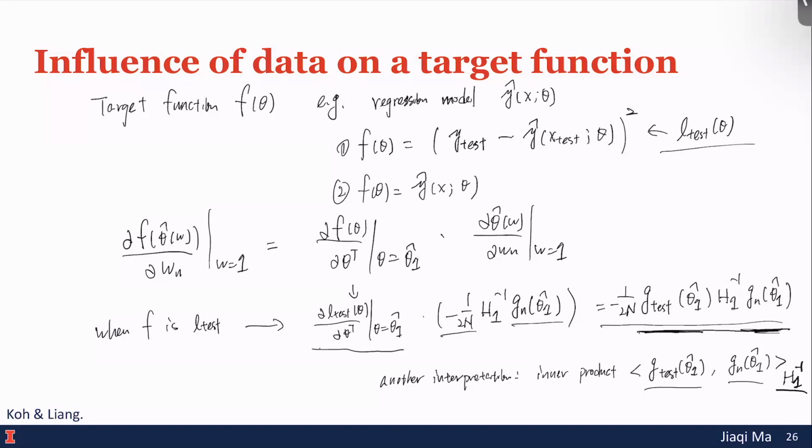Okay, so up to this point, we've obtained the general formula of influence function, which is approximating the data removal and retraining process, but without any retraining, right? Because all these things are evaluated at sigma 1 hat, which is the original model.